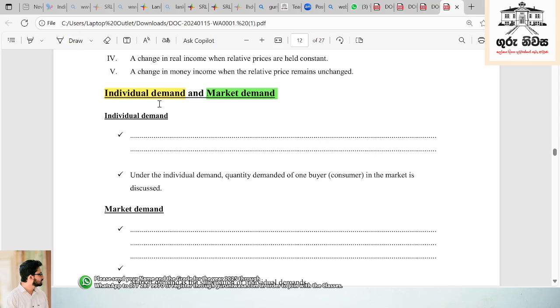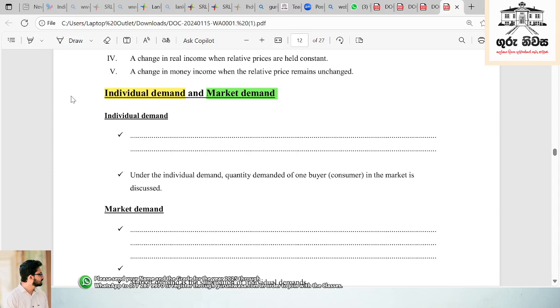So it's not a big topic, it's a very small, simple one. Market demand is the sum of all individual demands. That is the relationship between individual demand and market demand.